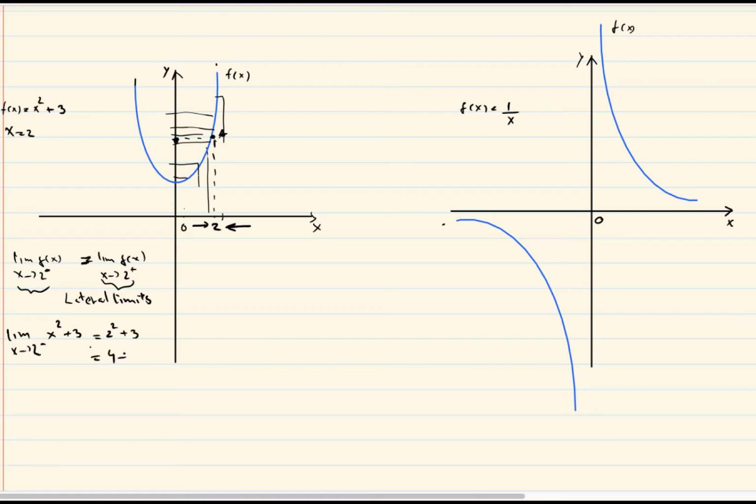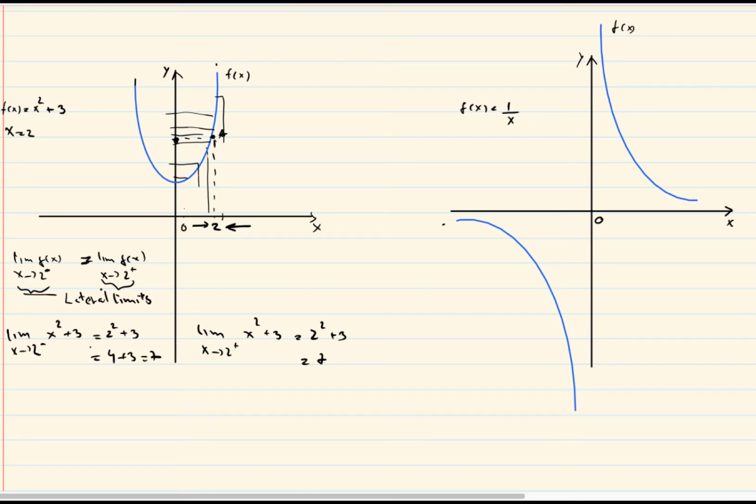This is 4 plus 3, which is 7. And even if we do the limit coming from the right side, 2 plus, of x squared plus 3, we have the same thing, we're just replacing. So again we have 2 squared plus 3, which is equal to 7. Hence this function obeys this condition.